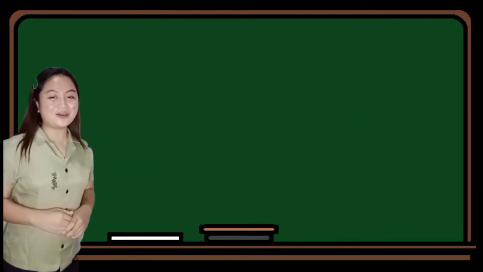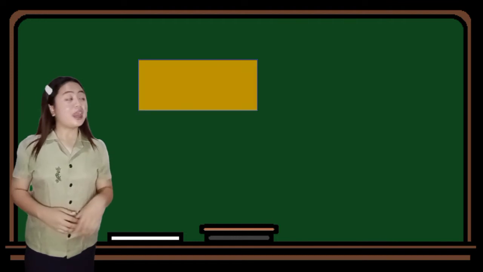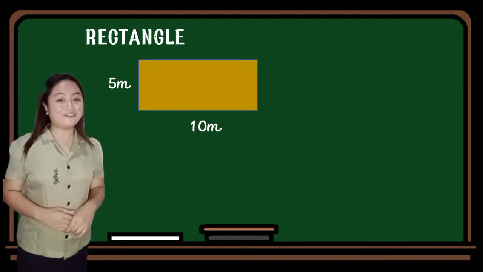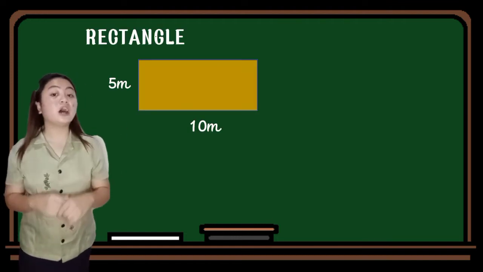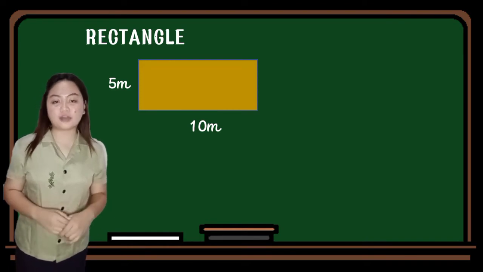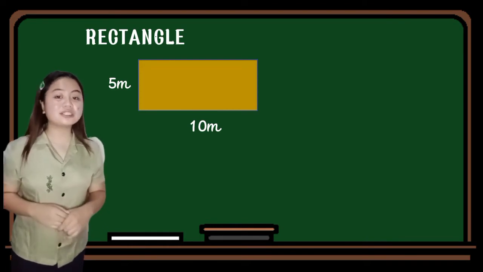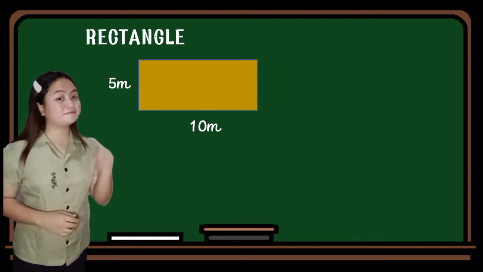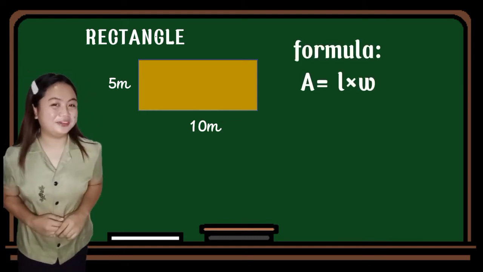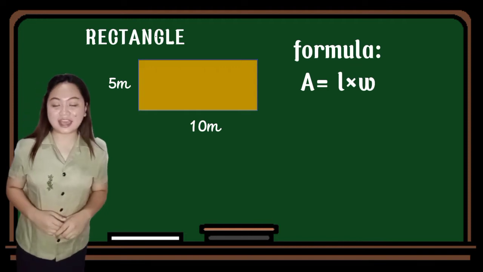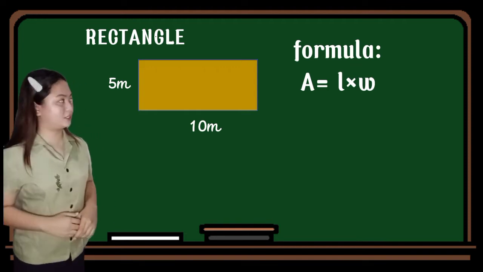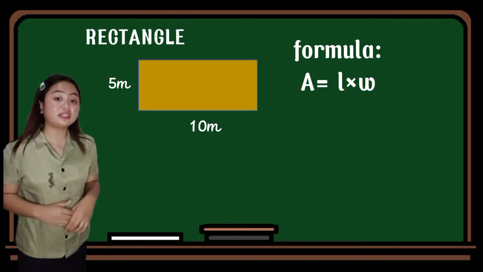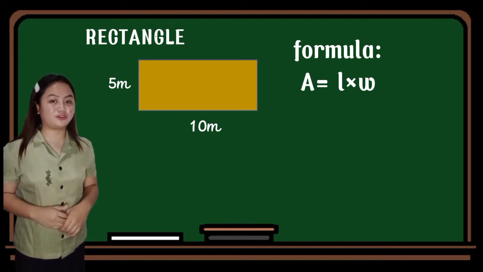Good job! Okay, so next we have a rectangle. A rectangle having the measures of 10 meters and 5 meters. So what is the formula on how to find the area of a rectangle? Very good. We have area is equal to length times width. So L stands for length and W stands for width.